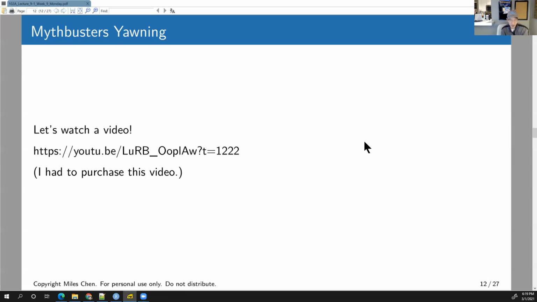Basically, you sat inside this little closet, and there are video cameras watching you, and there's nothing else going on. You just sit there for a few minutes, maybe 5 to 10 or 15 minutes. I don't know how long they had to sit there. And they just video you to see if you yawn or not.